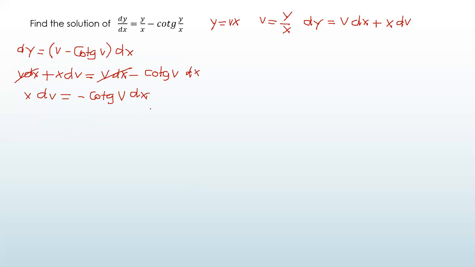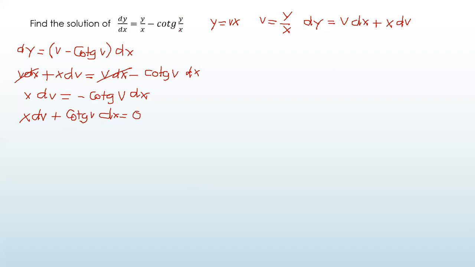Moving these terms to the left side, I'm going to write it like this: x d phi plus cotangent phi dx equals 0.